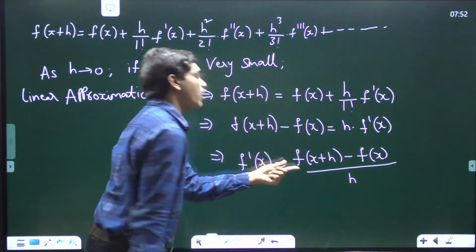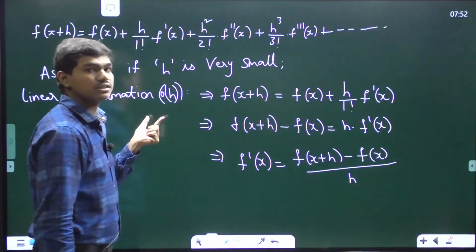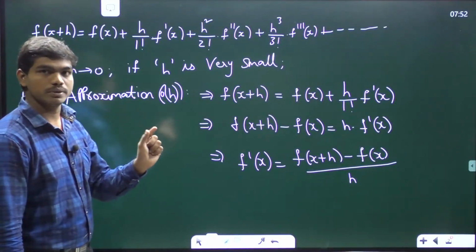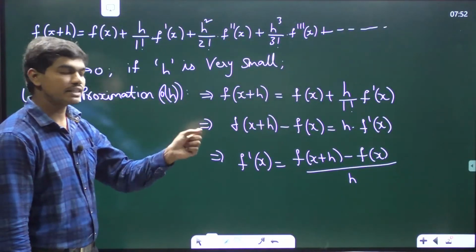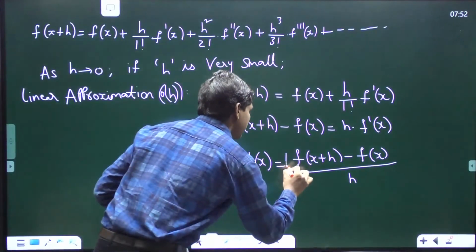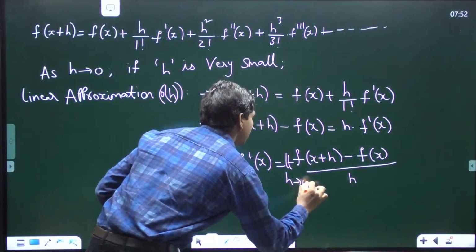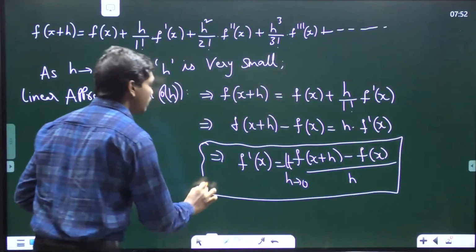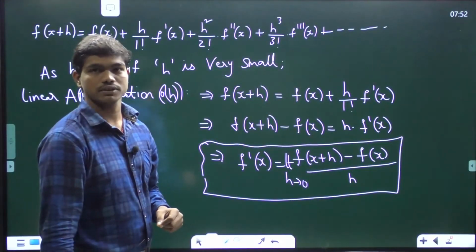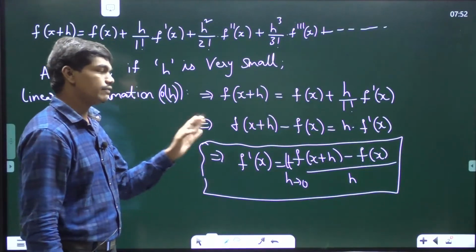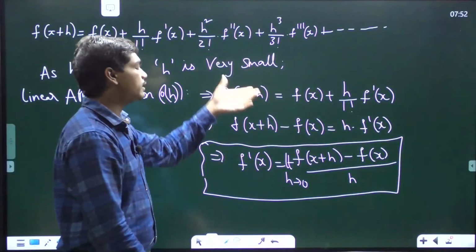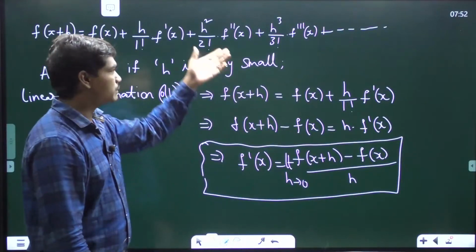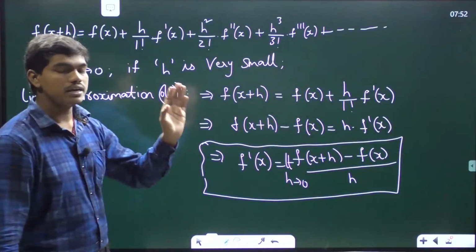Of course, this is the formula when you approximate to linear approximation, and you can apply linear approximation only if h value is very small. And if h value is very small, I can always write limit h tends to 0 here. And this is the first principle of differentiation that we obtained while defining derivatives, correct? So please take this: when you apply a linear approximation to this Taylor series, you obtain the first principle of differentiation.